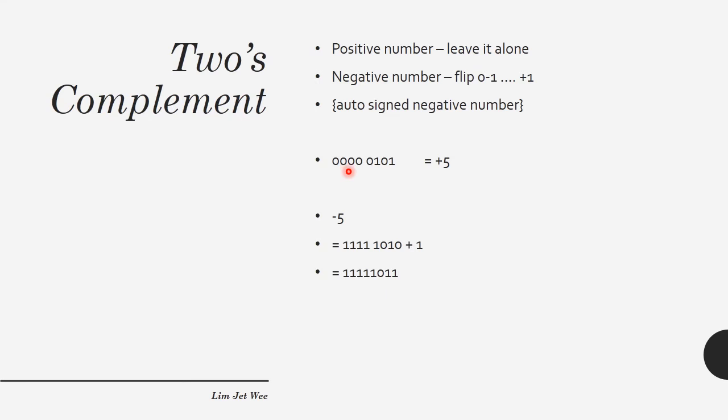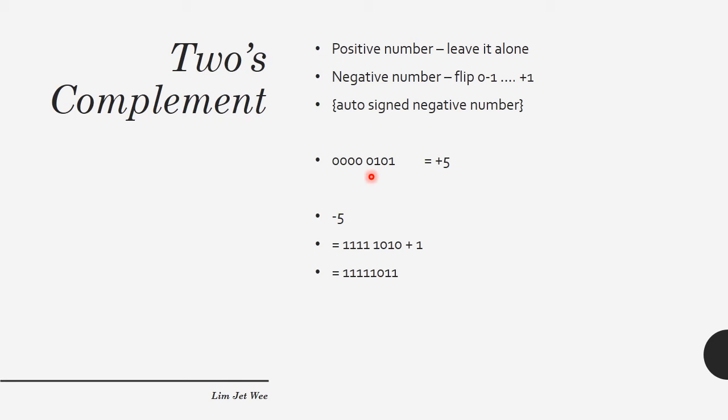So I have 0, 0, 0, 0, 0, followed by the 5, 1, 0, 1, base 2. This is a positive number, so I do not need to do any two's complement to it. I just leave it as it is.